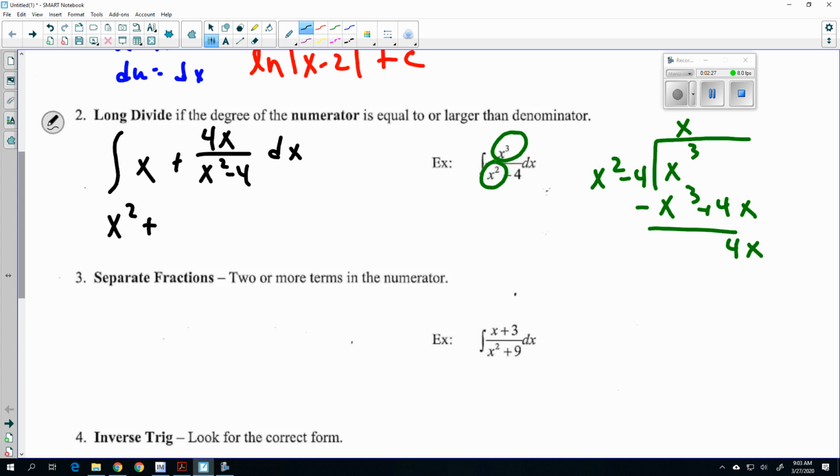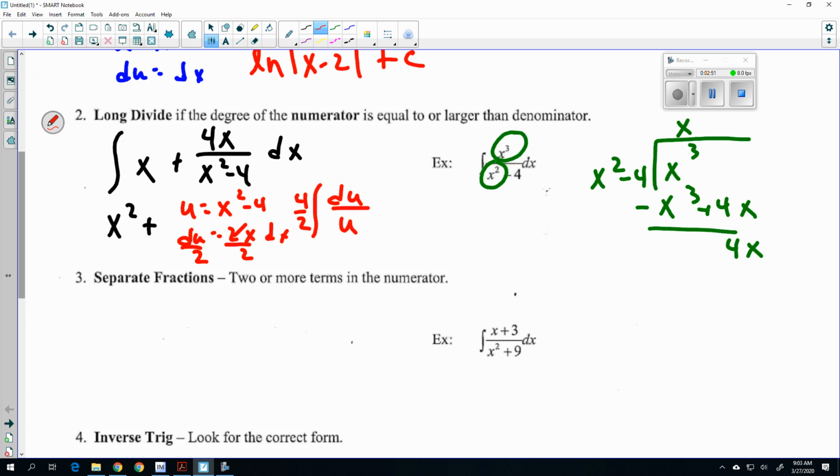The second one I can't reduce, but I believe in the second one I could pick my u to be x squared minus 4. My du is 2x dx. I divide by 2. It looks like I can have a match. So I'm going to pull out the 4. I'm dividing by this 2, and I have a du in the numerator and a u in the denominator.